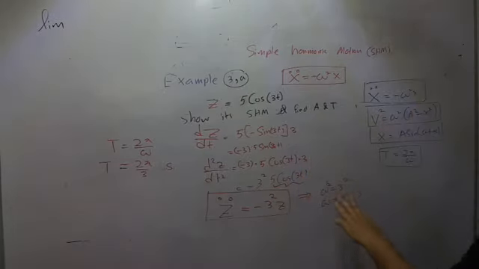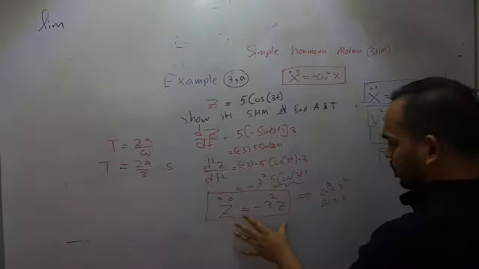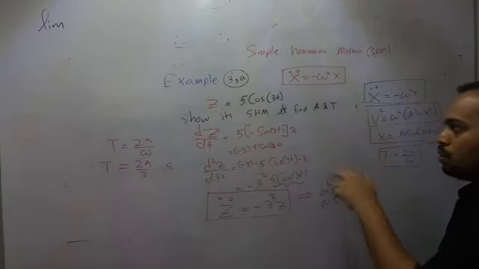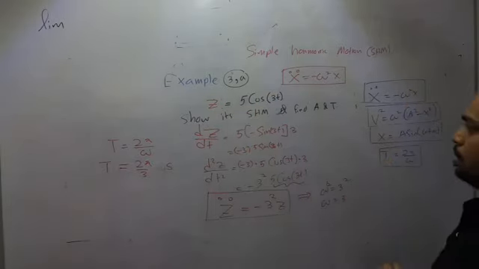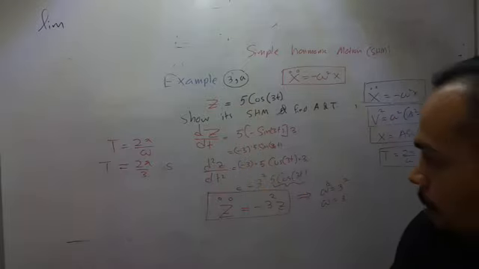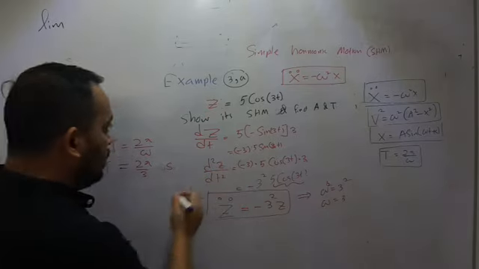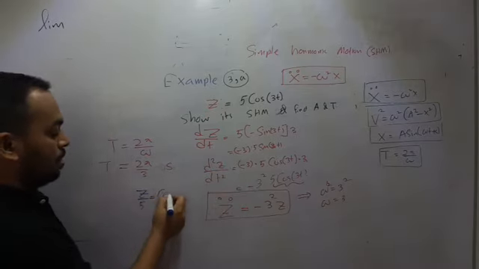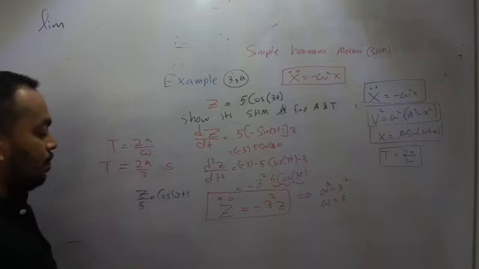Since this equation belongs to a particle in simple harmonic motion, we can start with this equation to find the amplitude. Z divided by 5 equals cos of 3t.